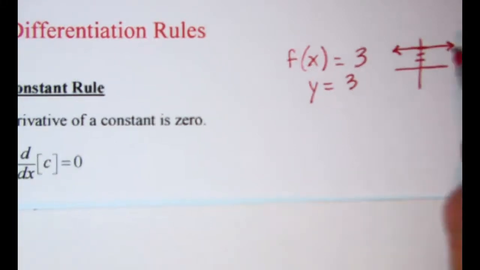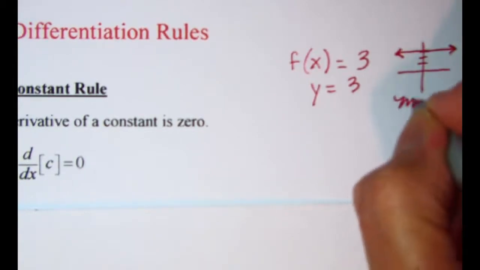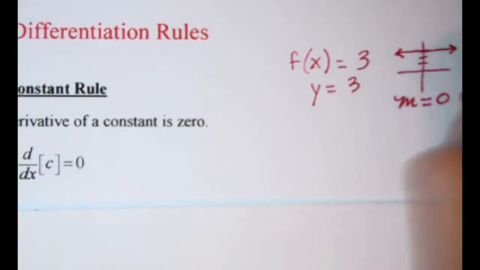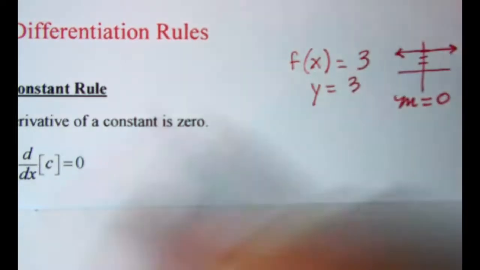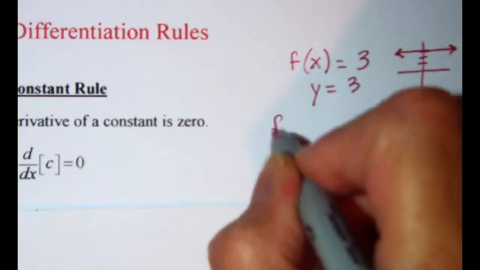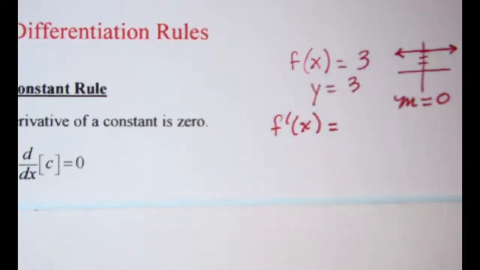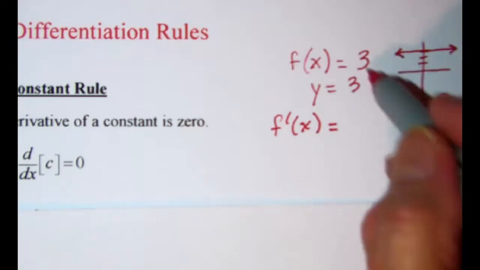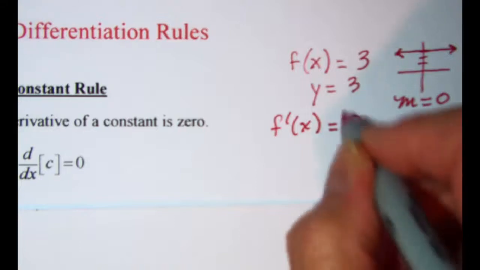And we know that the slope of a horizontal line is 0. So that just gives us an intuitive feel for f prime, which is the slope for a constant function, is equal to 0.